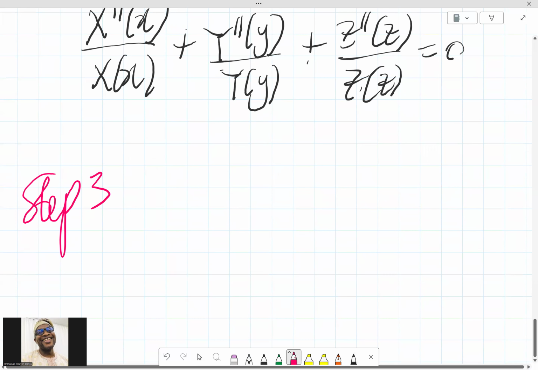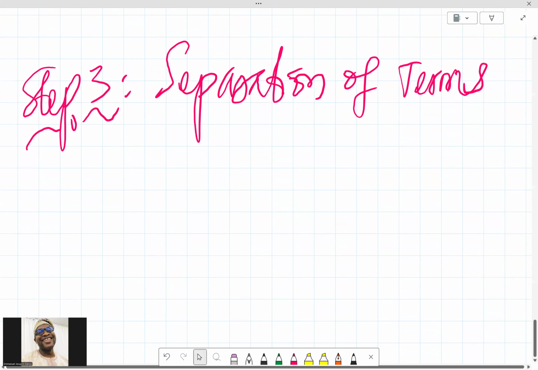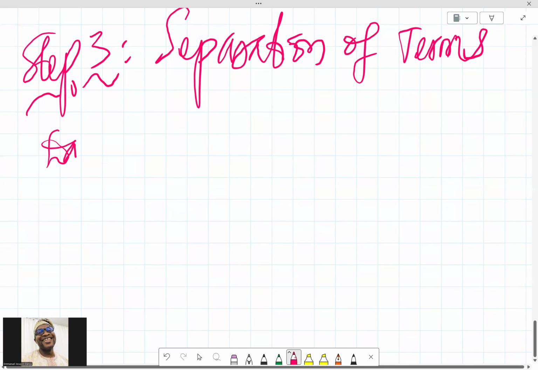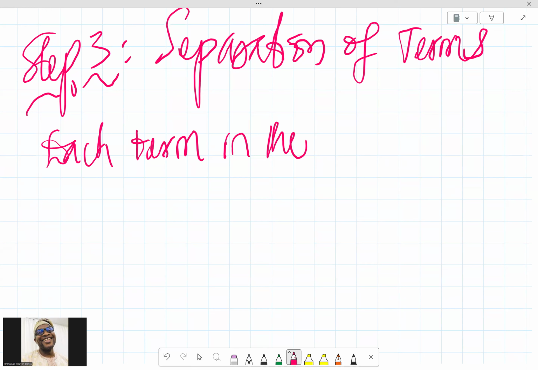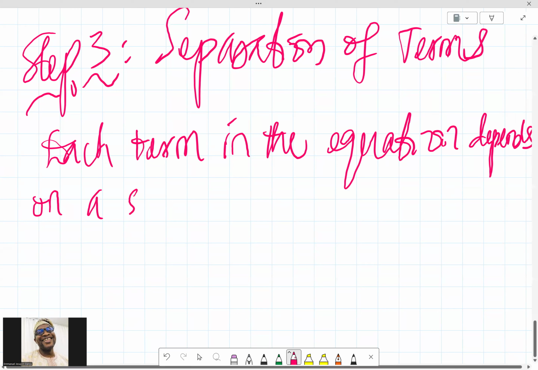In step 3, we have the separation of terms. This is where we introduce coefficients of separation like we saw previously. Here, each term in the equation depends on a single variable.